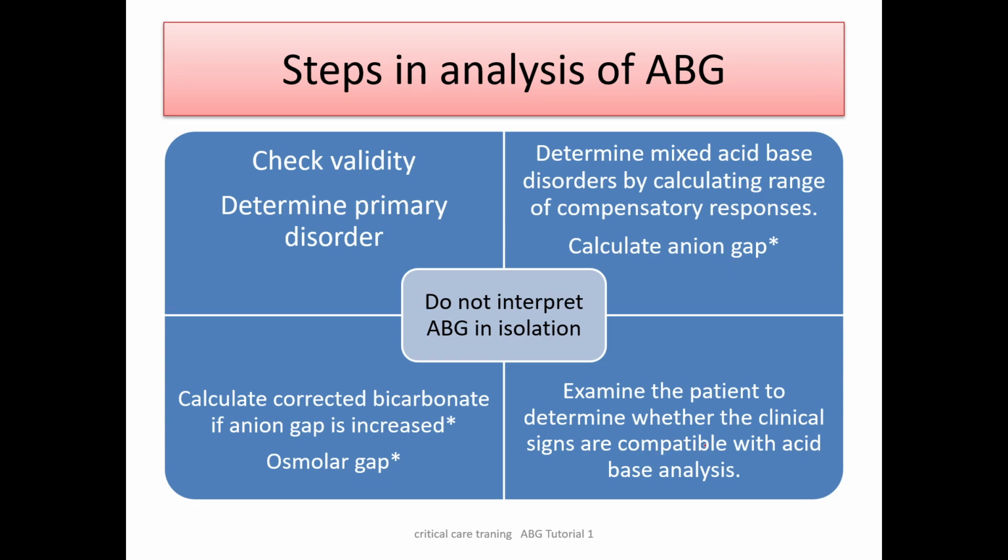Examine the patient to determine whether clinical signs are compatible with the acid-base analysis. This is important: do not interpret anything in isolation, it has to be in clinical context. Then calculate certain additional values like the delta anion gap, the corrected bicarbonate, and the osmolar gap in certain poisoning situations where it will help.